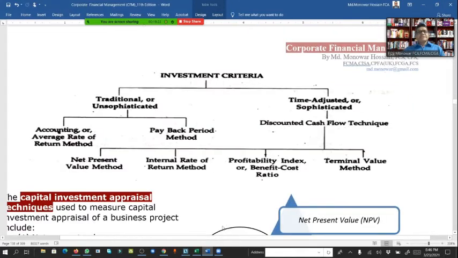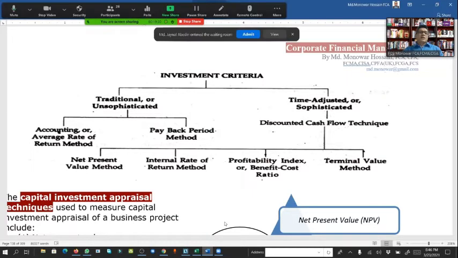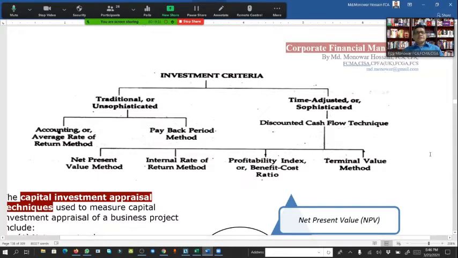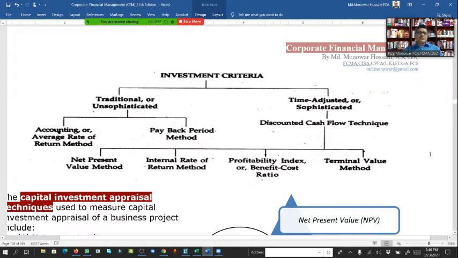If we see the left side, traditional or unsophisticated, that means accounting rate of return or average rate of return method, also the payback period. And if we see the right side, that means time adjusted, it is sophisticated, discounted cash flow technique.